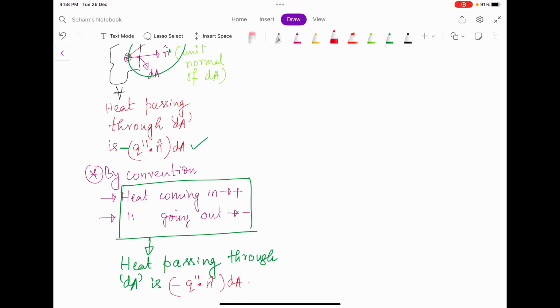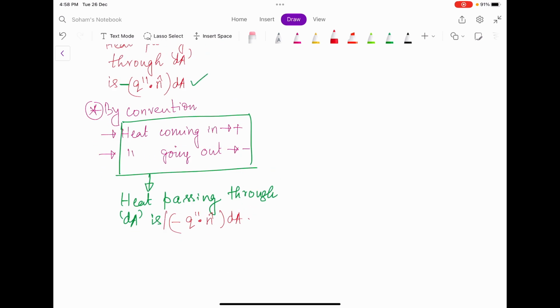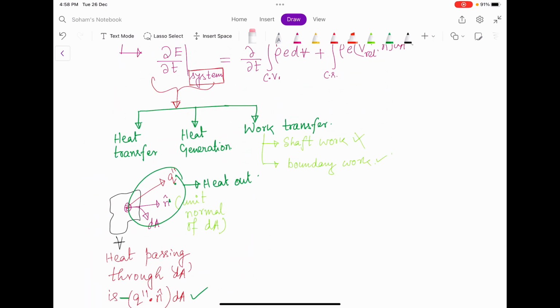I hope this is clear. Because if q and n are in the same direction, it will give plus, and n is positive only when it is denoting an outward normal, but outward heat is negative, so the whole q dot n should be negative. That is why we are putting a minus. So this is the heat transfer effect.